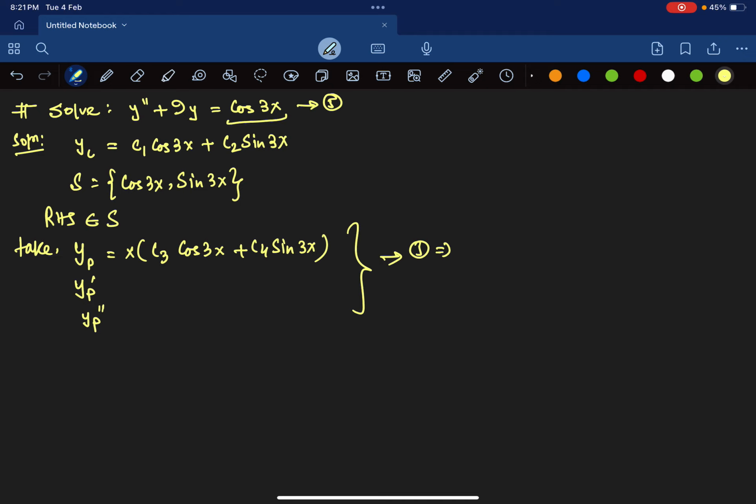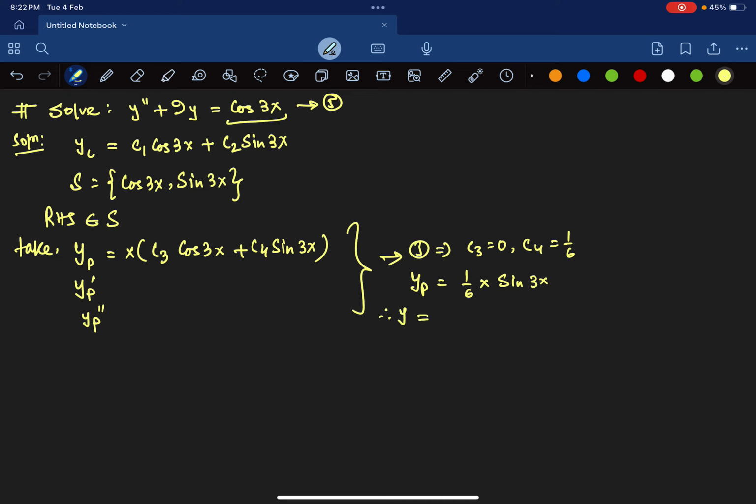It will give you, I already have the calculation with me, c3 is 0 and c4 is 1 by 6. That means yp is nothing but 1 by 6 x sine 3x. This is going to be yp.